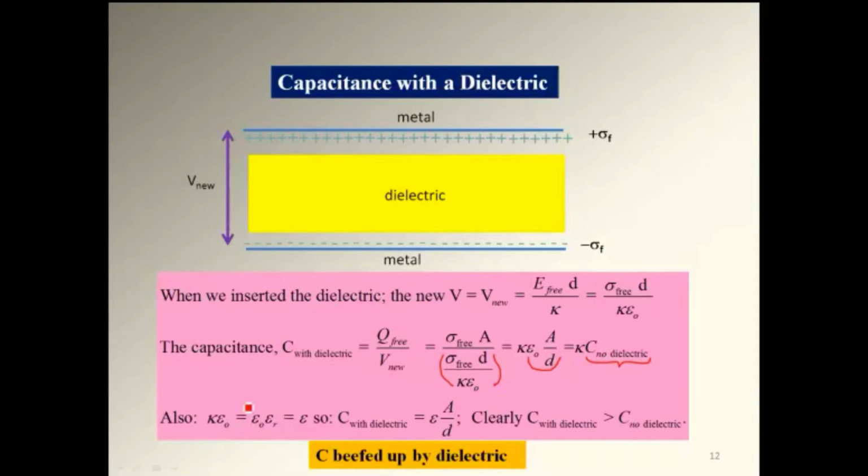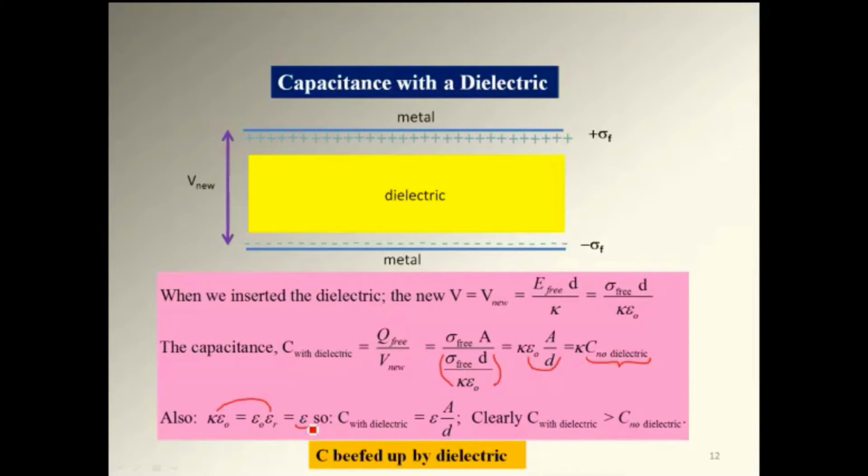If we go through the different arrangements, if you look at kappa epsilon 0, that's this one right up here, that's equal to epsilon 0 epsilon sub r because these two are equal. And so that's equal to the permittivity of the dielectric.